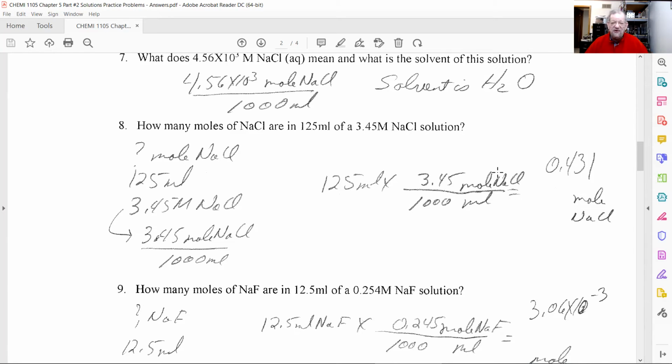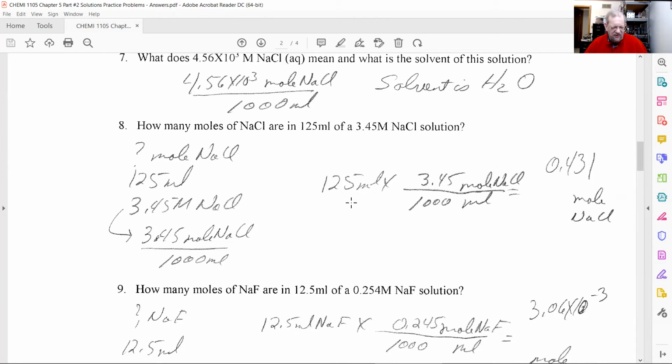Because it's time to use your good friend, unit analysis. Bet you thought I wouldn't get this in today. Wrong, I did. Whatever you're trying to get to goes on top of the ratio, and whatever you're trying to get rid of goes underneath. Where do I get a relationship of moles of sodium chloride to milliliters? From the molarity. And I put in 3.45, 1,000.